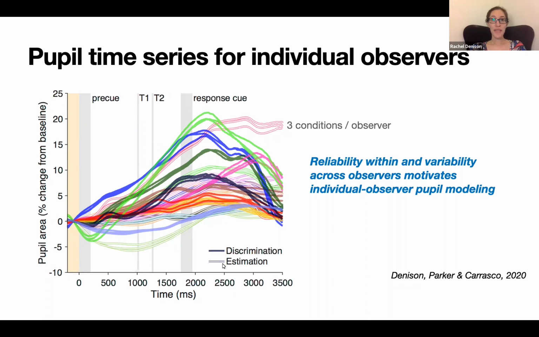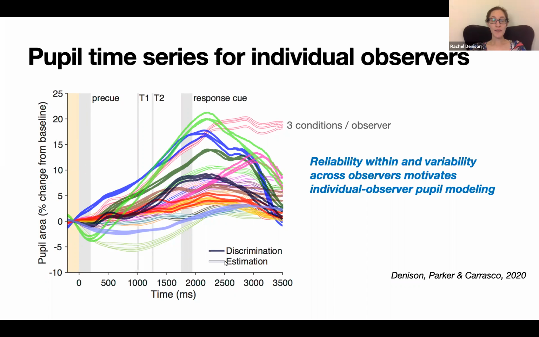The two tasks correspond to either the filled or open lines, and different colors in this plot correspond to different observers. Here we've plotted the three temporal attention pre-cue conditions separately for each observer, so you can get a sense of the consistency of these pupil time series within observers across three conditions.